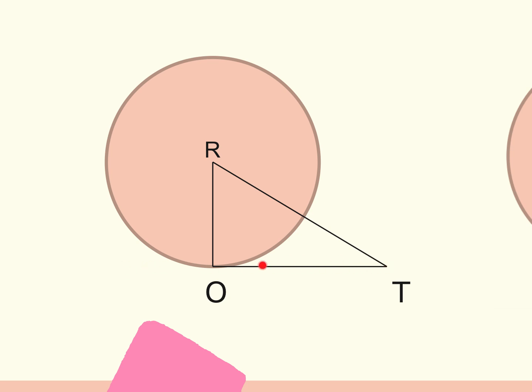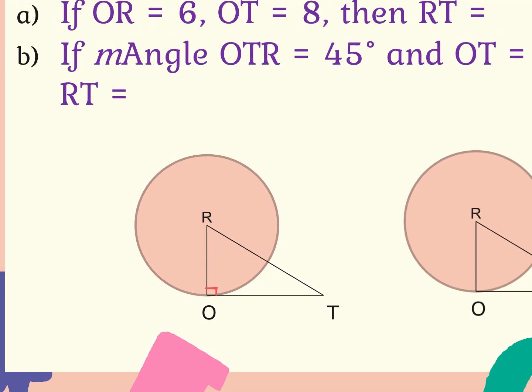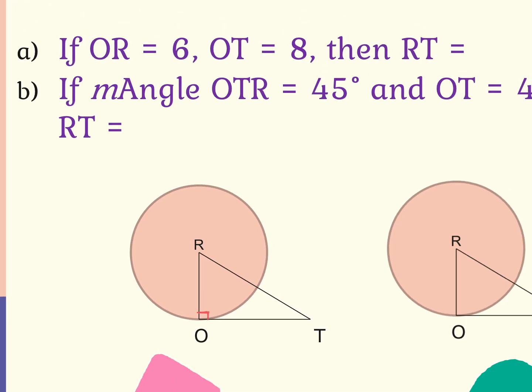So if OT is tangent to circle R, then I know my radius and my tangent line make a 90-degree angle. So right here I know that this is a perpendicular line, so I'm labeling it as perpendicular, and then labeling what they gave me. OR is 6. OT is 8.